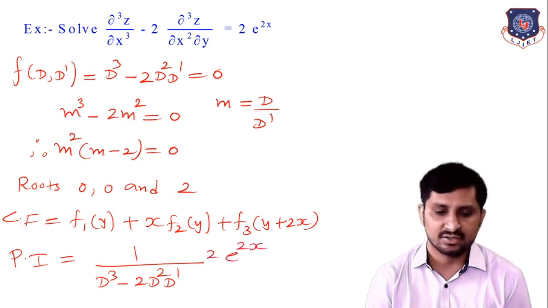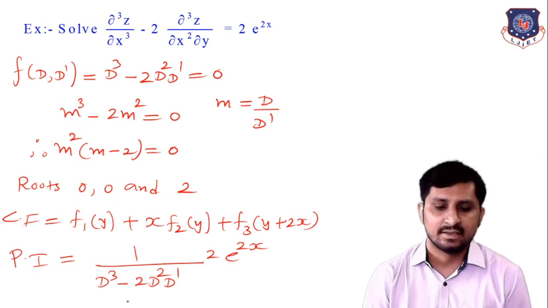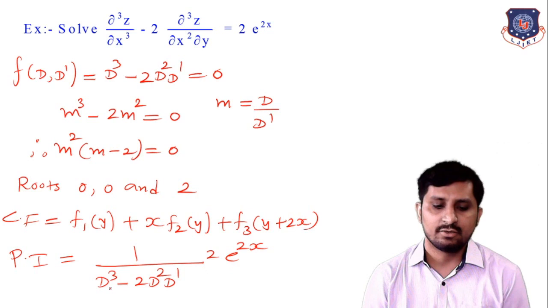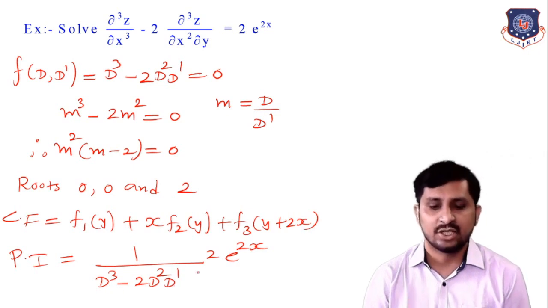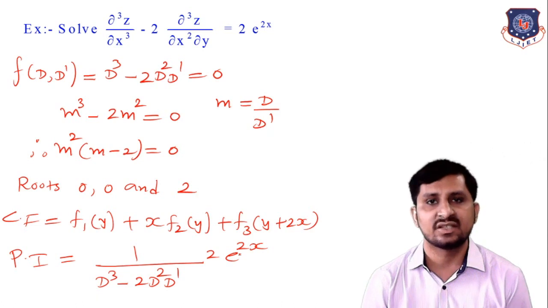Now using case 1, instead of D you have to take 2, and instead of D dash you have to take 0, because we compare this function e raised to 2x with e raised to ax plus by.